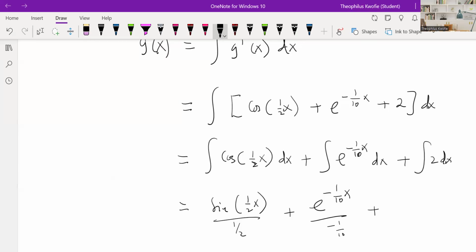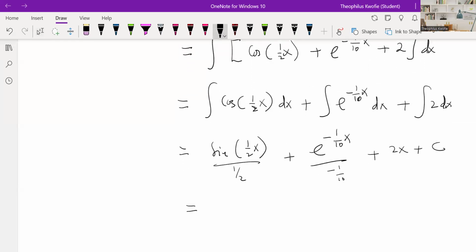And when you integrate a constant 2, we get 2x plus a constant c. So this gives us 2 sine of x plus the result that we will get.